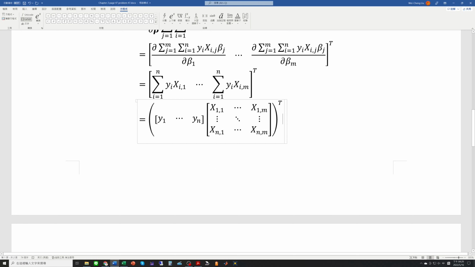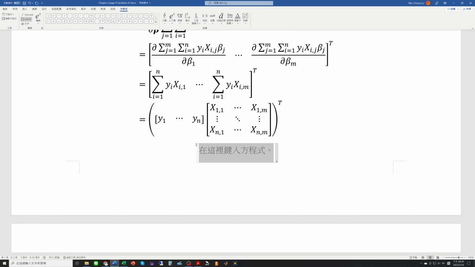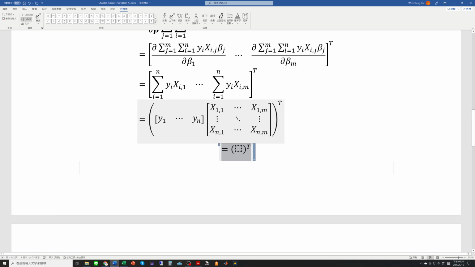So next it is equal to the transpose of the first vector, which is y transpose.